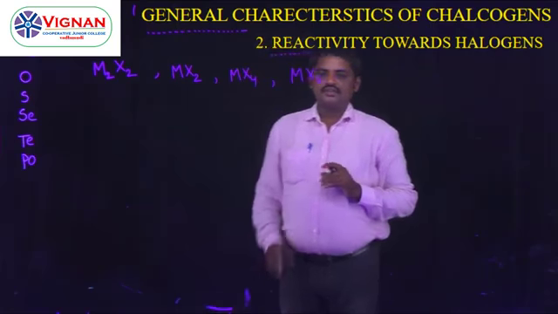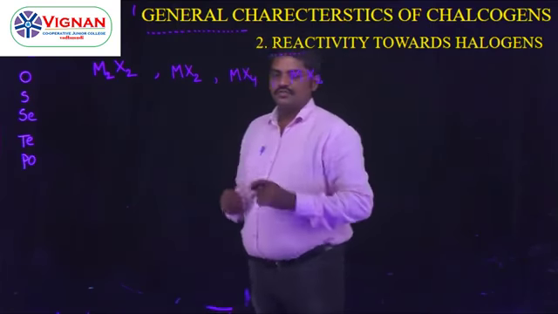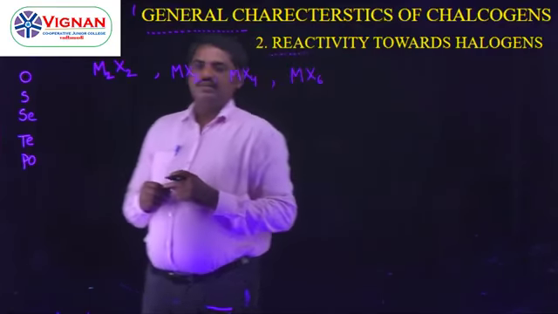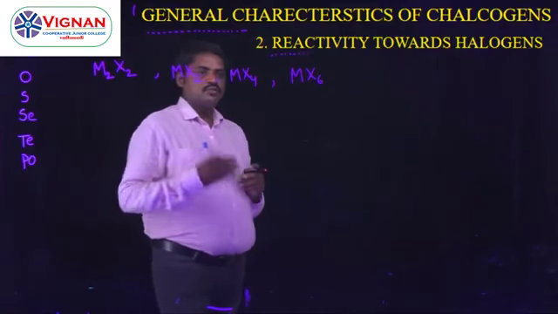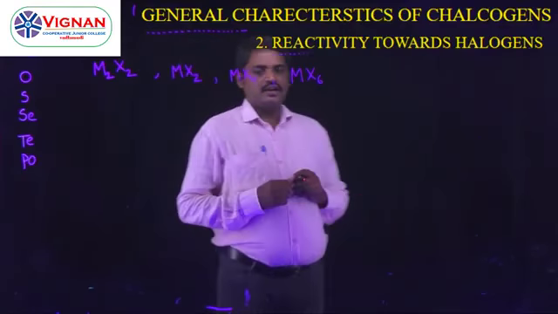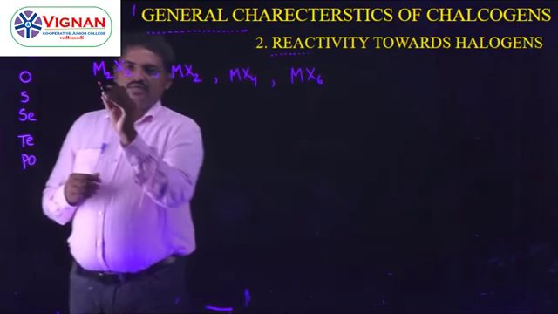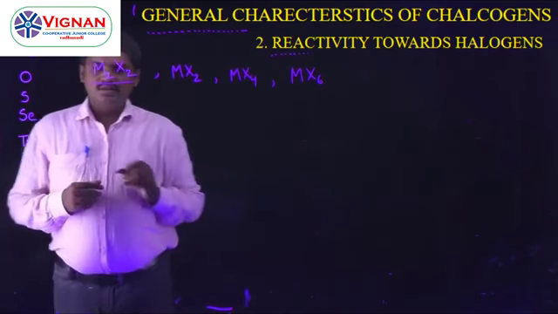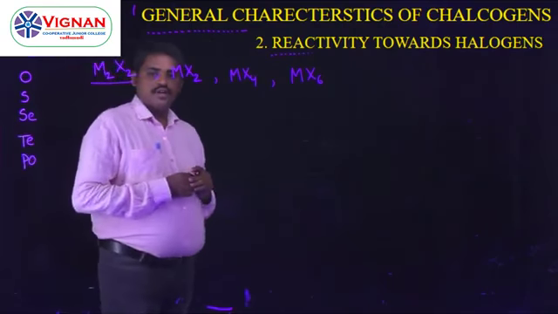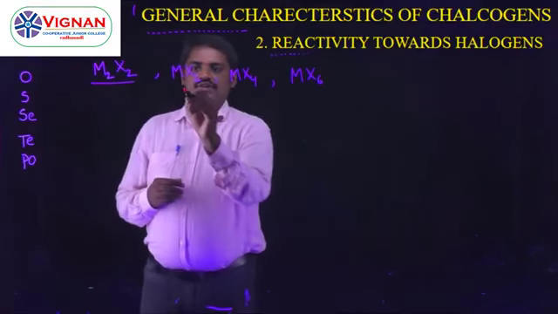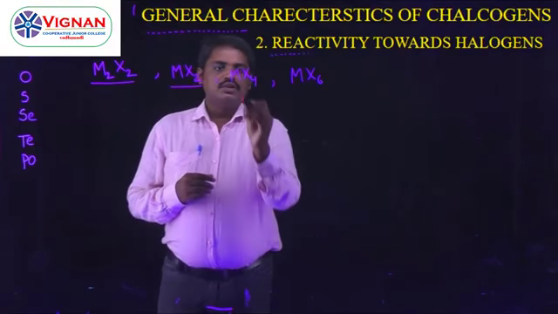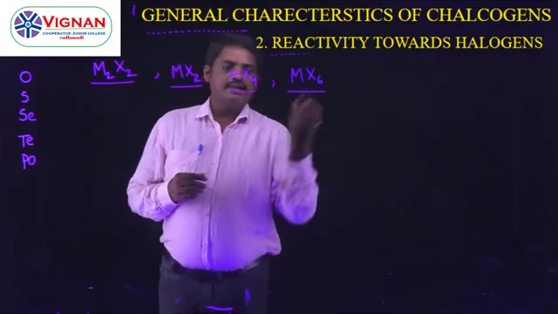Generally, 16th group elements react with halogens to produce different types of halides. The general formulas are: first category M2X2, next one MX2, MX4 and MX6.